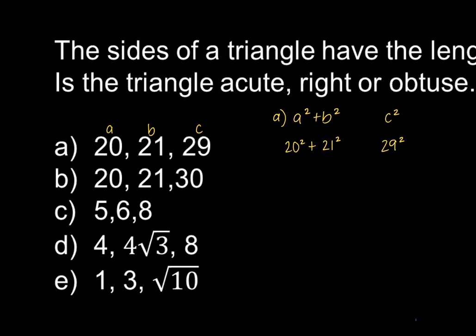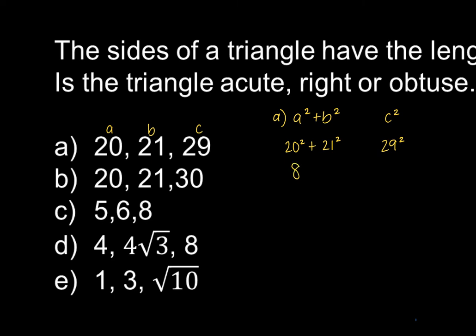Now, remember, in this chapter, you will have a calculator, so I'm going to take mine out. It's going to be 20 squared, which is 400, plus 21 squared, which is 441.